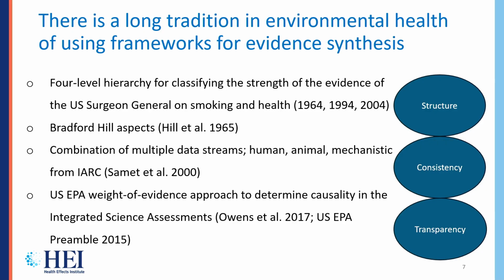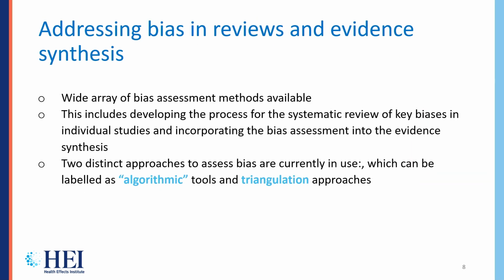All these frameworks try to formulate a structure to assess consistency in the findings of the association in a transparent way. So for evidence synthesis, there have been a lot of methods proposed in general to address how the bias observed in individual studies may pass on to evidence synthesis and affect our assessment of causality.